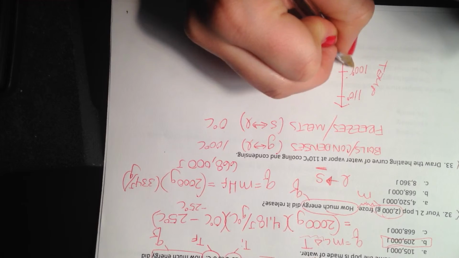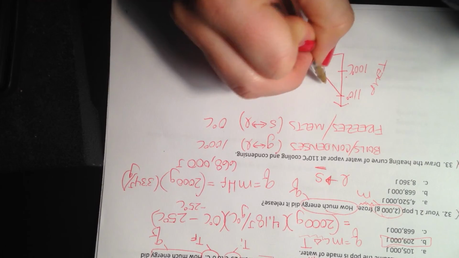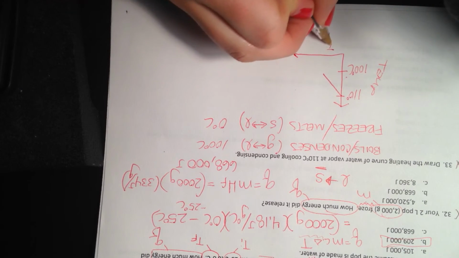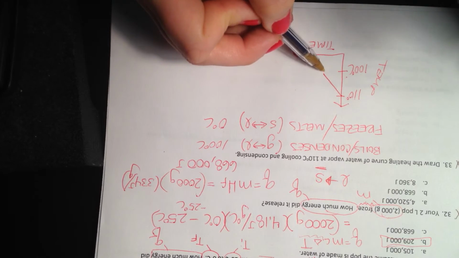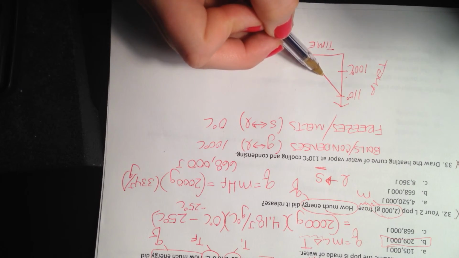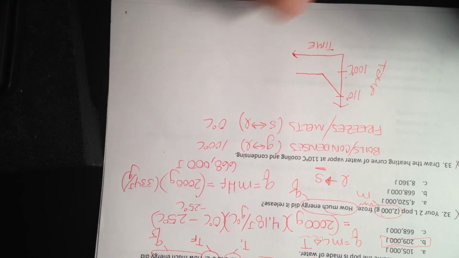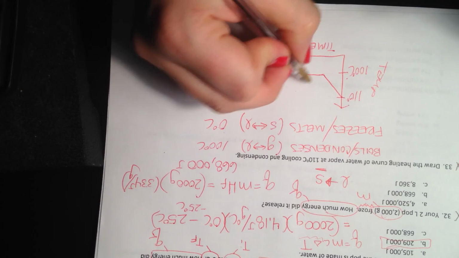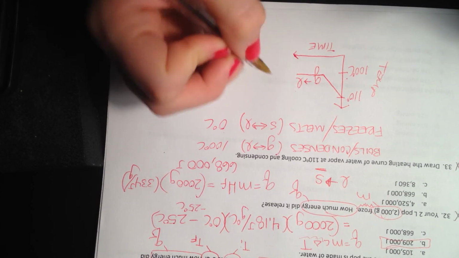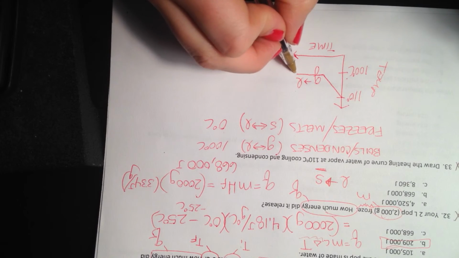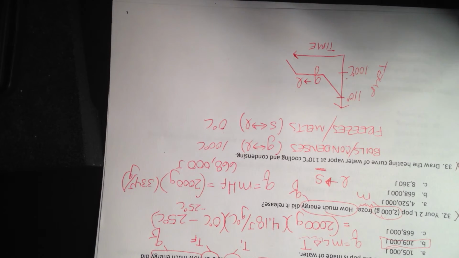And so you should have a line showing the water vapor cooling down, changing its temperature. And then once it hits 100, it's going to condense. Now, based on how this question is worded, it's okay if you stop right there, and it's also okay if you carry it on further.